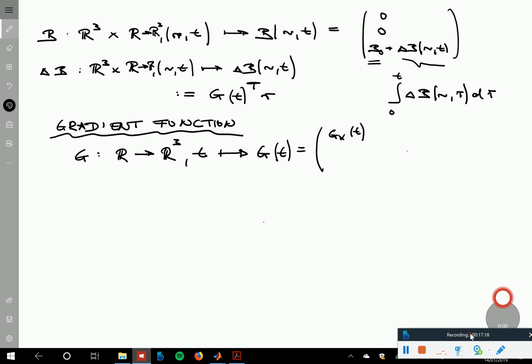The idea is that there are linear gradients, and I will explain this linear in a second, that can change over time.